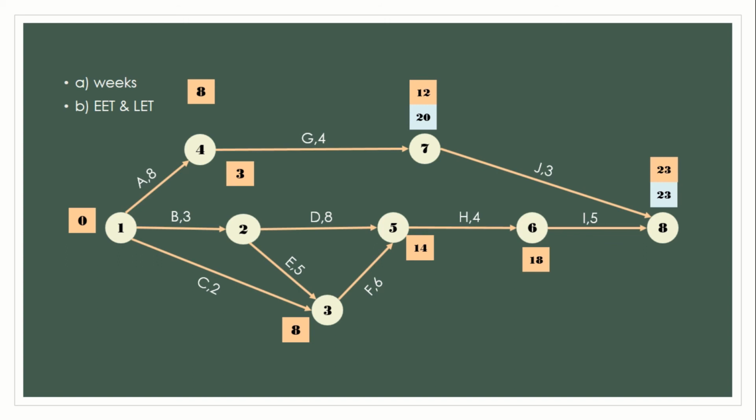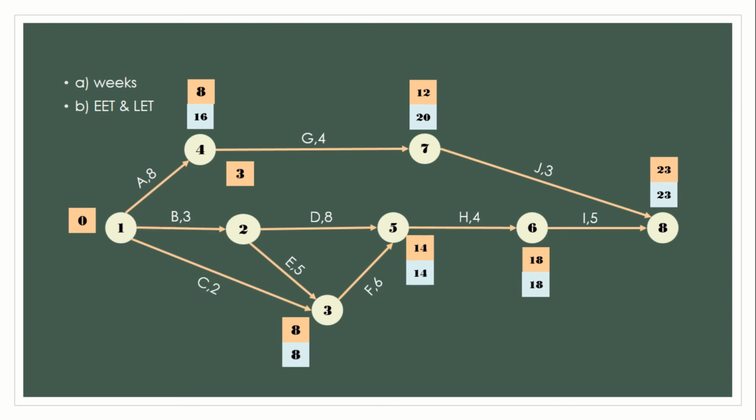Event 6, 23 minus 5 is 18. And then event 5, 18 minus 4 is 14. Event 4, we get 16. Event 3, we get 8.